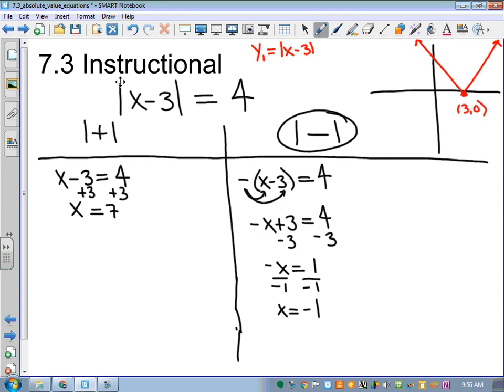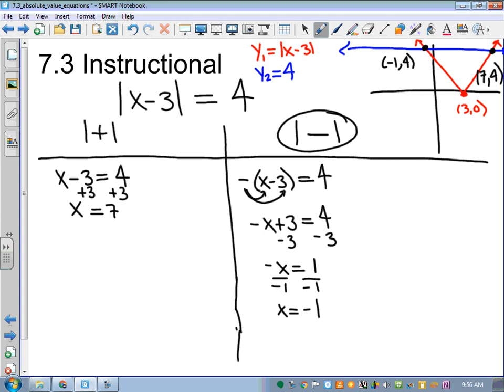If I then take the right-hand side, which is a simpler equation for sure, y2 is equal to 4, that gives me a nice straight line somewhere up here. Basically my two solutions are where they intersect, which is going to occur right here at (-1, 4), and all the way over here, kind of tough to see, I know, but that point would be (7, 4).